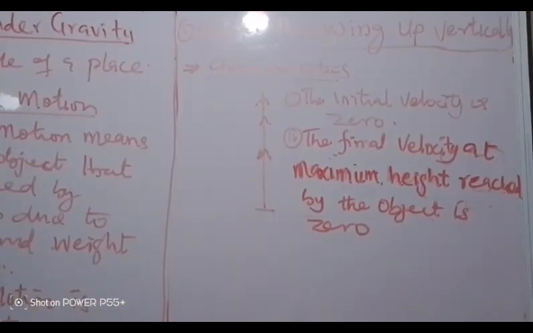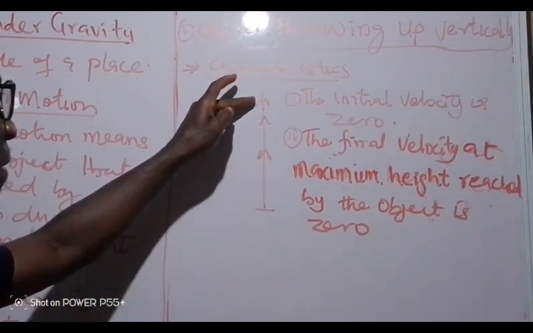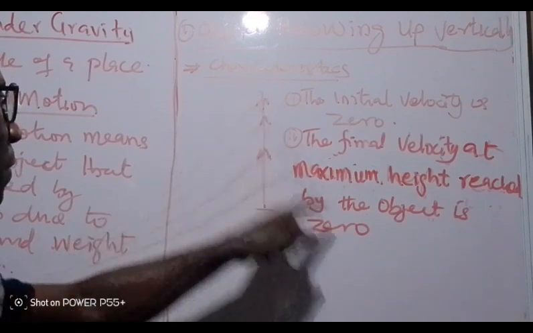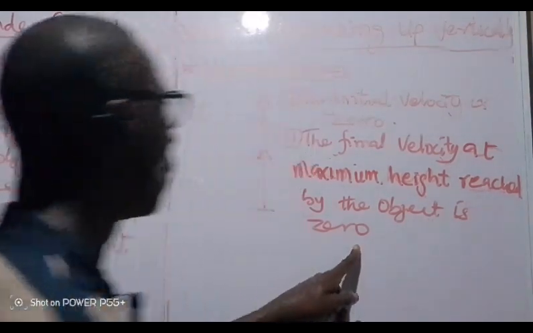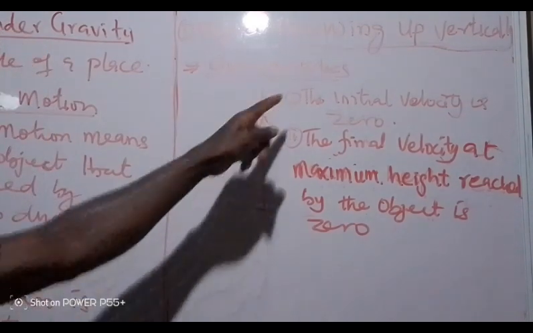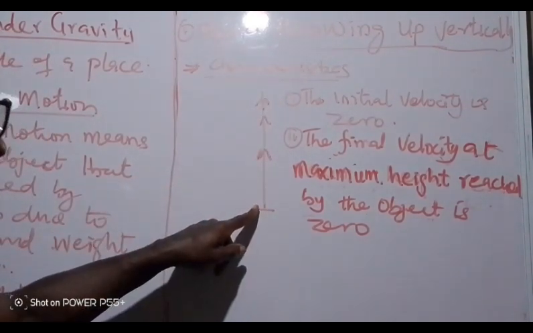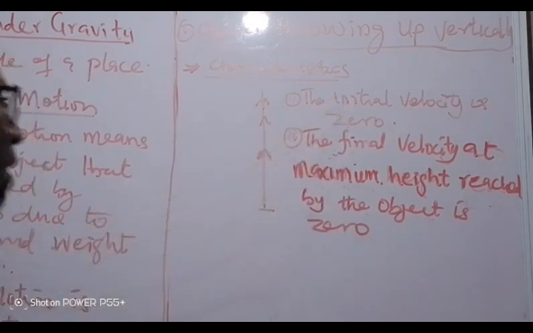As I said, when the object reaches the maximum height, the value of the velocity is equal to 0. According to the number 1 statement, when the object starts from the ground level and moves up, the initial velocity is equal to 0.